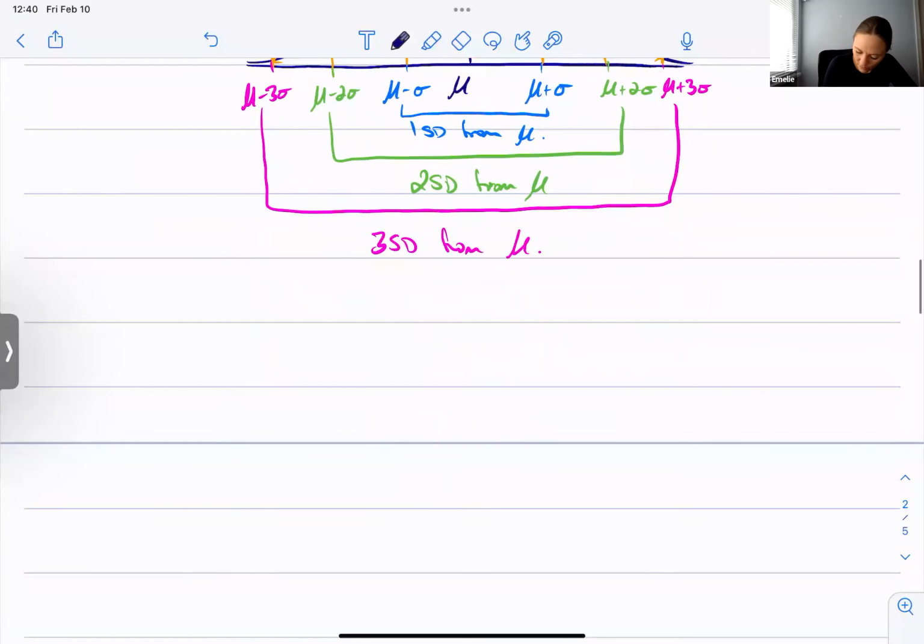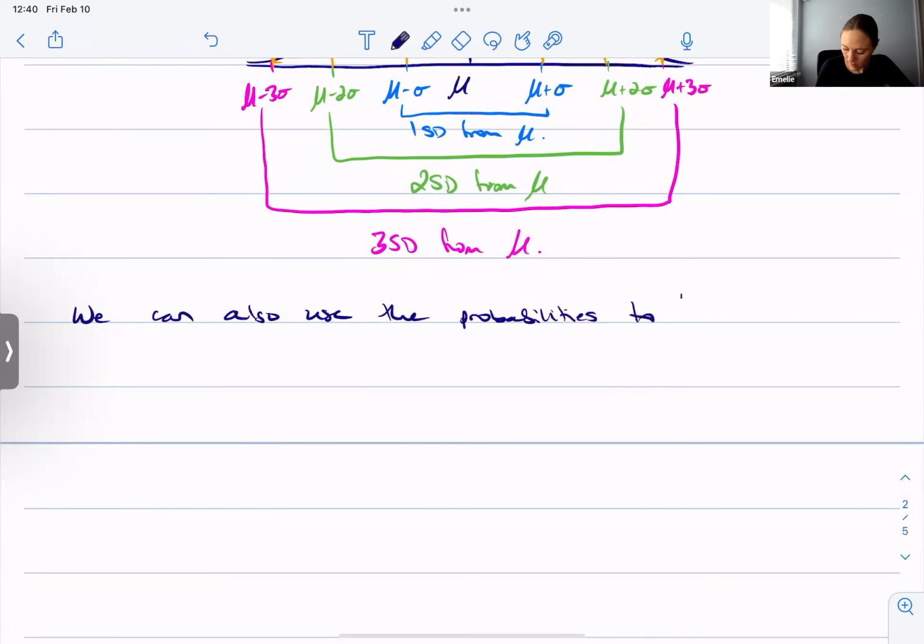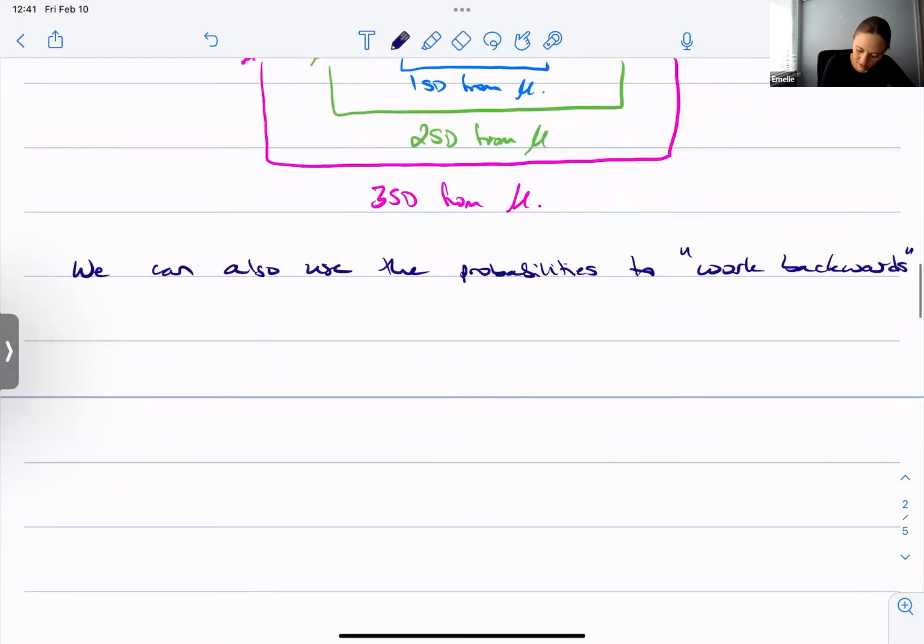Okay, and so we can also use the probabilities to work backwards, is what I usually call it, to find an observation that satisfies some probability or proportion, right?